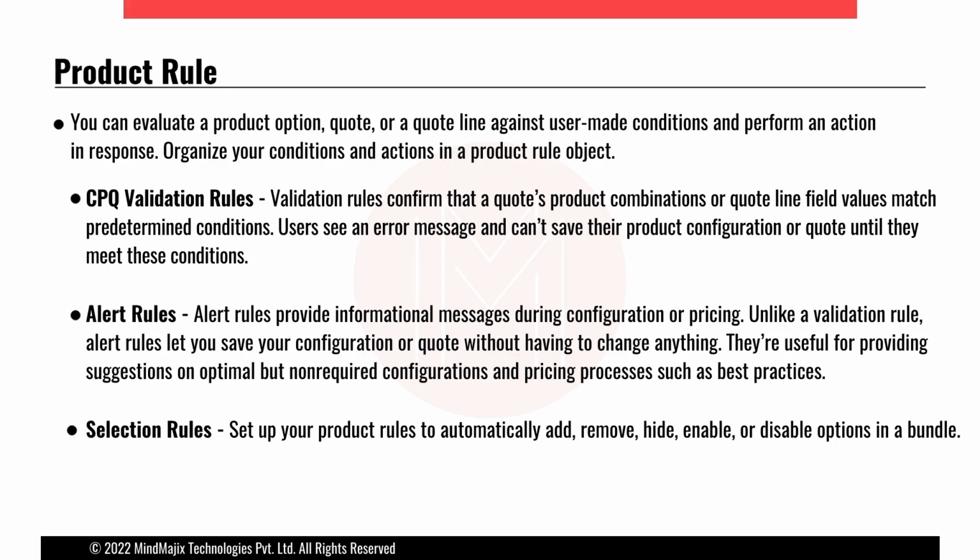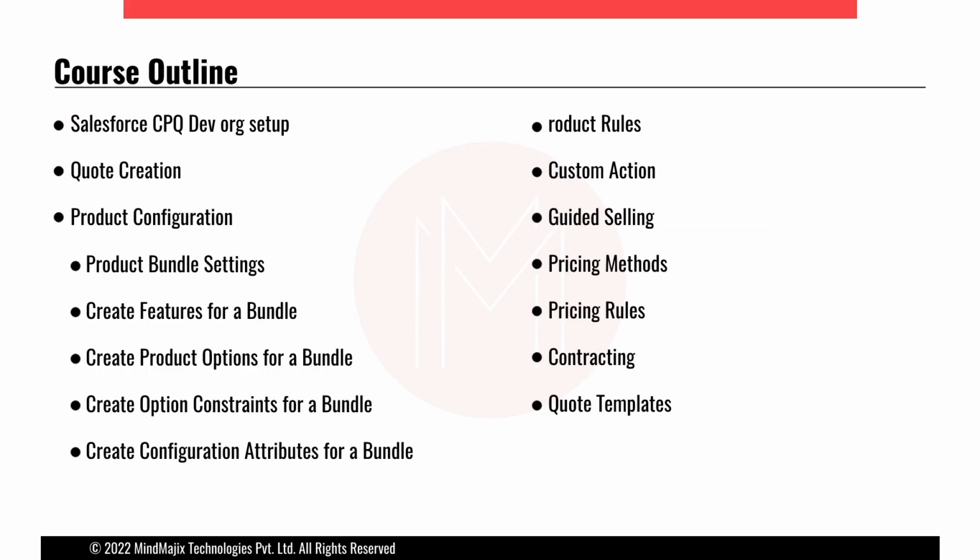Yeah, I go back to this slide. We will cover the selection rules and all in later sessions. In our course, we are covering most of the multiple CPQ topics. First thing is DevOps setup. I will show you the DevOps installation guide, setting up permission sets, and license assignments.